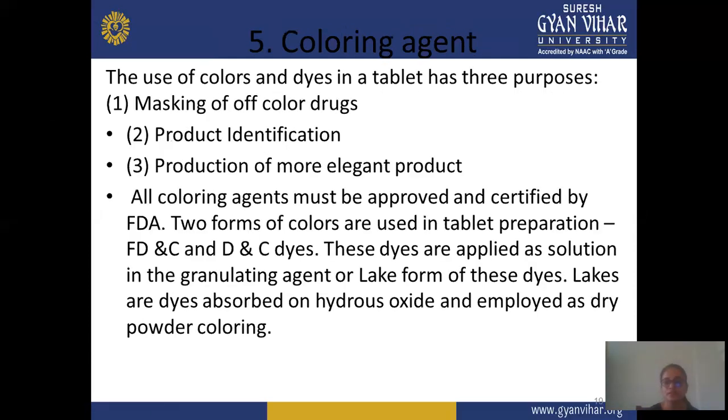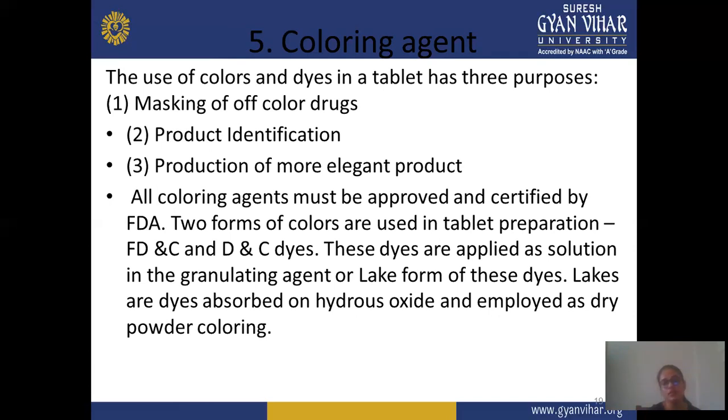And the next excipient is the coloring agent. The coloring agent is not necessary for all formulations; we do not use it for all types of formulation. It depends on which type of tablet you formulate, and this coloring agent should be approved by a certain authorized regulatory body or given in a specific pharmacopoeia, and it should be approved by the FDA under the FD&C and D&C Act.